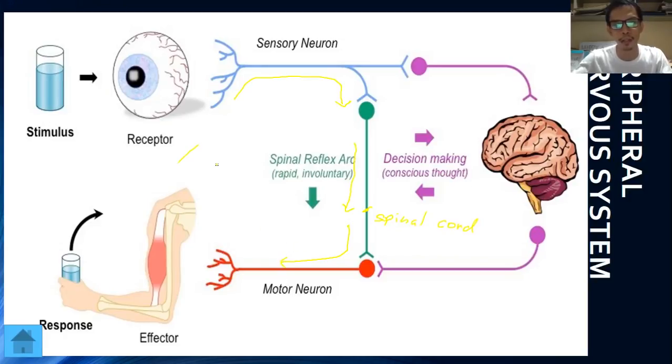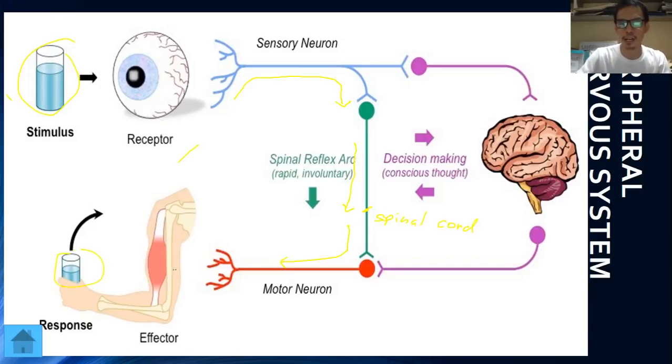For example, the liquid inside this glass is somehow hot. What will happen is it will activate the motor neuron, the one that we have right here. This motor neuron will activate the muscle, so the hands will release the glass, so that your hands will not be burned by the hot temperature of your drink.